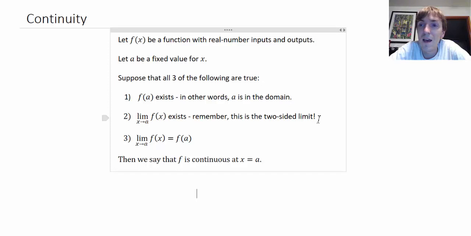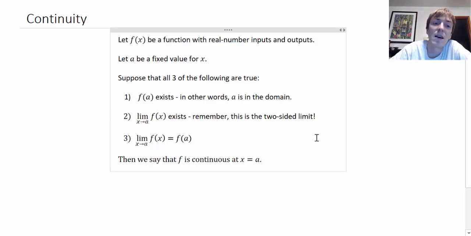The last condition is that these two things, f of a and this two-sided limit, have to equal each other. Now, that seems like a lot to remember, and I really could have just given you this third condition, because in order for those two things to be equal to each other, they both have to exist, right? So it doesn't really seem necessary to have 1 and 2.